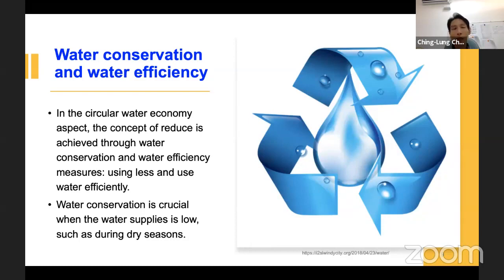But in certain seasons we have a low water level. For example, in summer the temperature is a little bit higher, and some of the water in the lakes or reservoirs will evaporate a little bit.